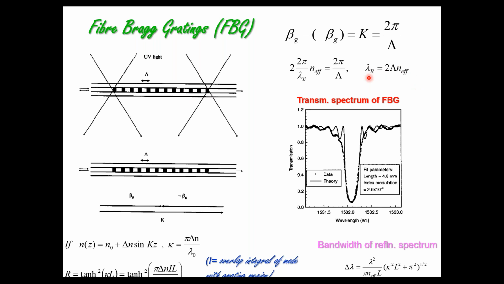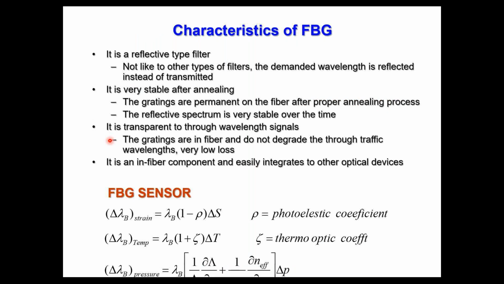From this equation, you put 50 nanometer here and plug in values of n effective, you can see that this capital Lambda is going to be something like a few hundreds of nanometers, something like 500 nanometer. So the distance between these two high refractive index regions written in the fiber core has to be around 500 nanometer for a fiber Bragg grating. So that is a very expensive business, and that is the idea behind this optical filtering using fiber Bragg grating.